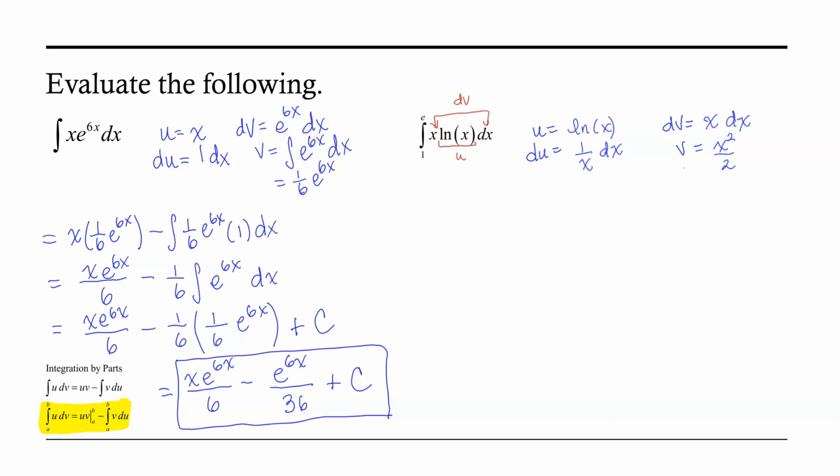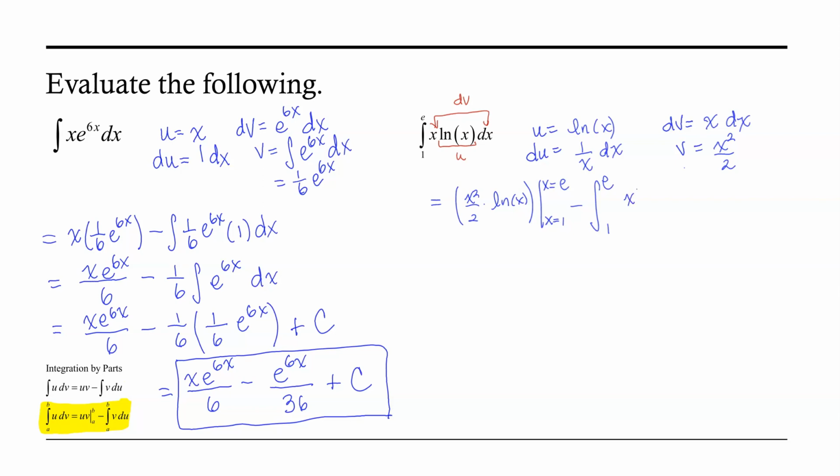the best pairing. So equals, all right, so it's going to be u times v. So we're going to have x squared over 2 times ln of x. And then we're going to evaluate that between x equals 1 and x equals e, minus the integral from 1 to e of v du.